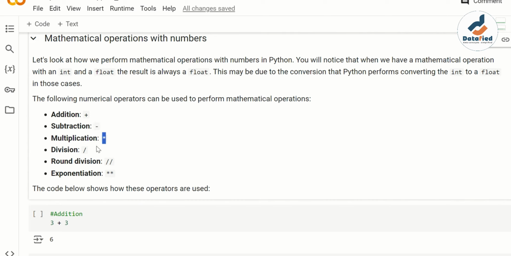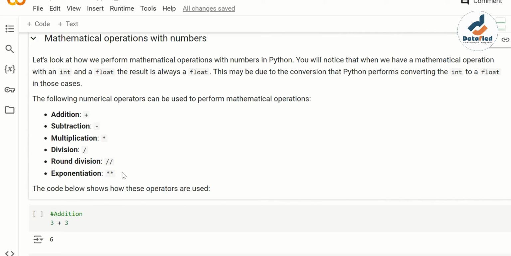You find the asterisk symbol on the shift and 8 in most standard keyboards. Then division, we use the / symbol. Now to perform round division, we use double /. You'll understand what this means shortly. For exponentiation, we use double asterisk.